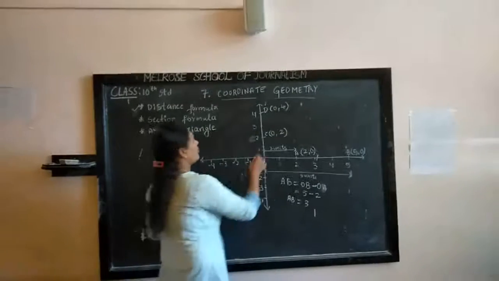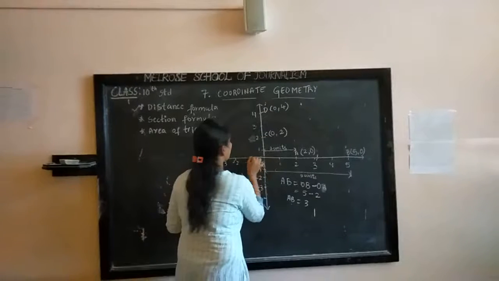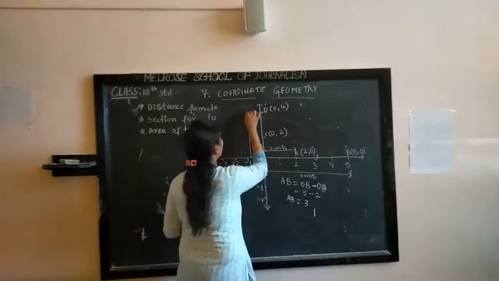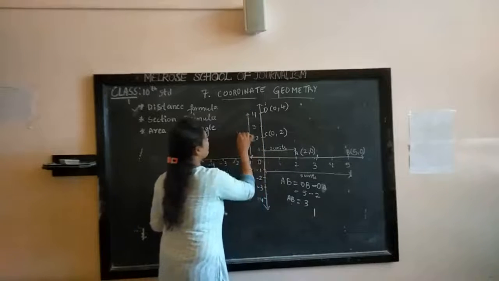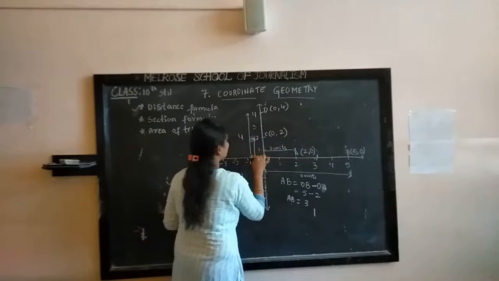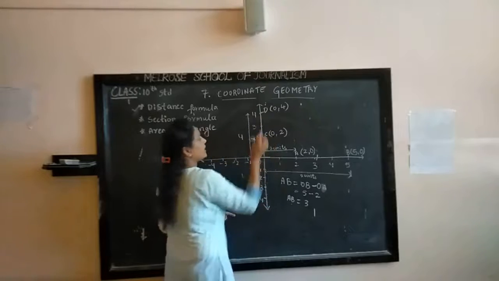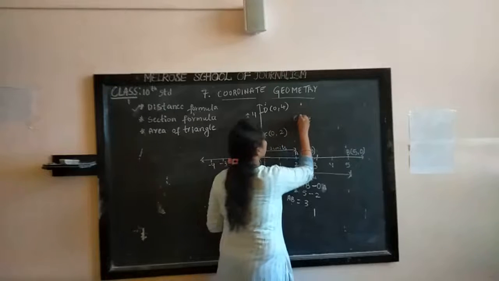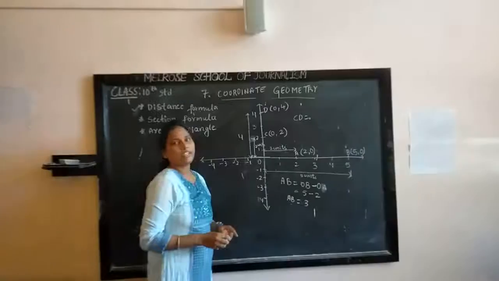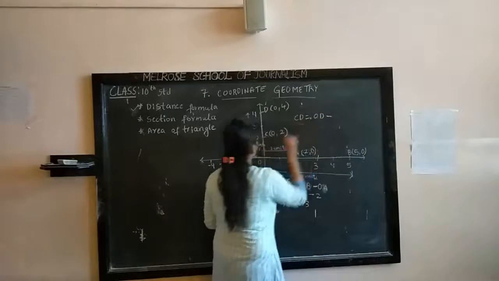Understood? Now, can you find out the distance from C to D? How can you find the distance from C to D? From origin to D is 4 units, and from origin to C is 2 units. So what is the distance of CD? The CD distance is nothing but OD minus OC.